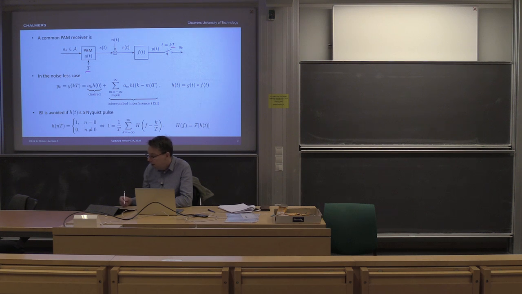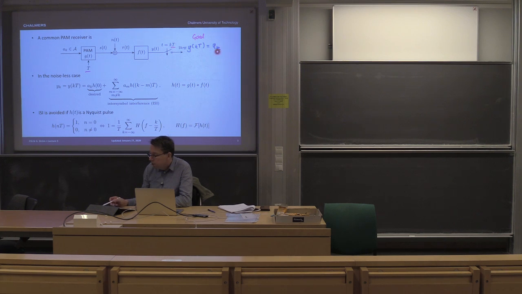And ideally what we would like to do is to have the output y[k] here, which is simply the amplitude of y every T seconds, be equal to a_k. That would be good, because a_k carries the information that we care about. So this is the goal.